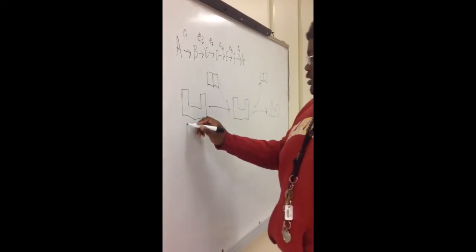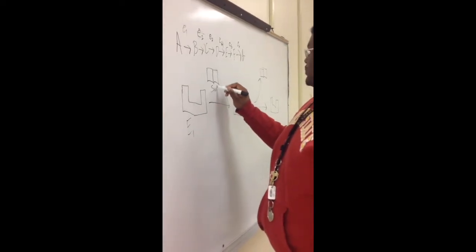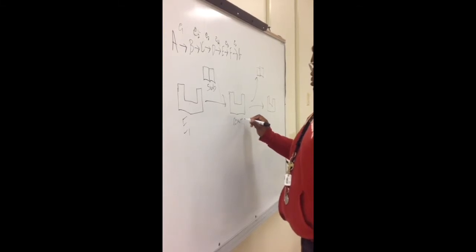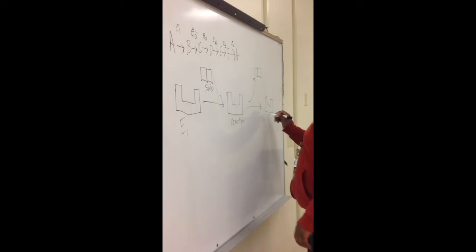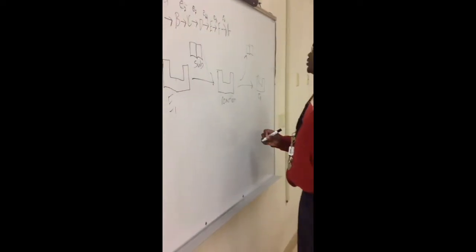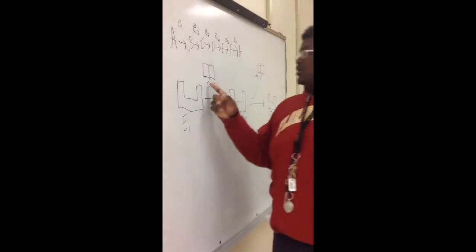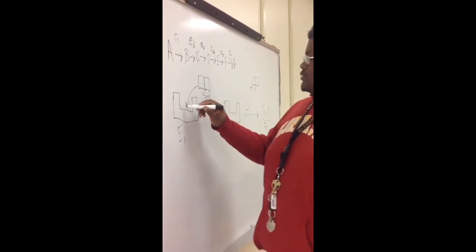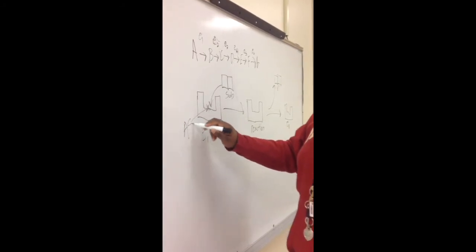E for enzyme, S for substrate, the reactant, and P for product. All right, the substrate goes to the enzyme. This is what you call your active site, AS for active site.